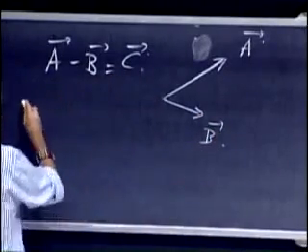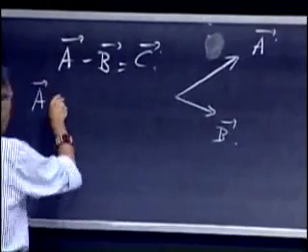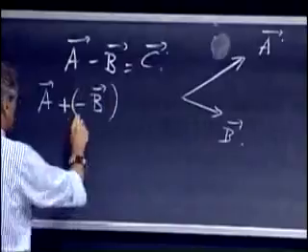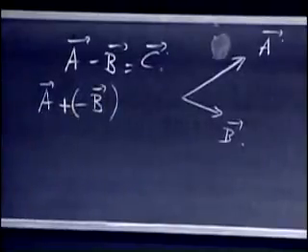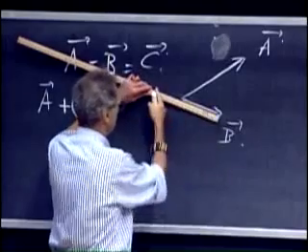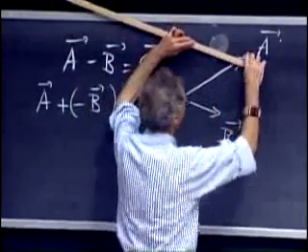You can say A minus B is A plus minus B. And we know how to add vectors, and we know what minus B is. Minus B is the same vector, but flipped over. So we put here minus B.